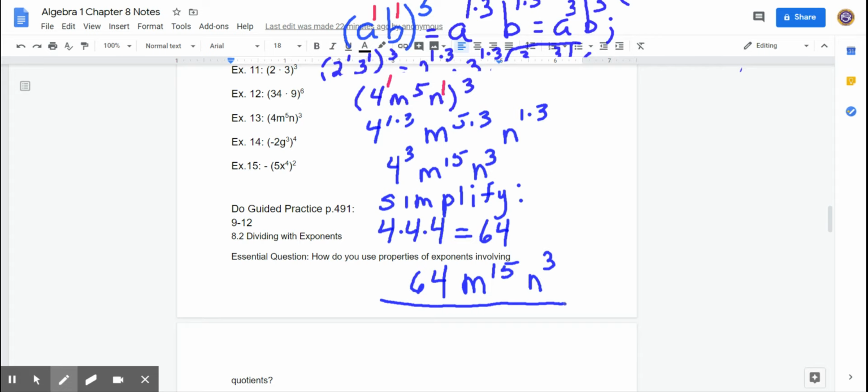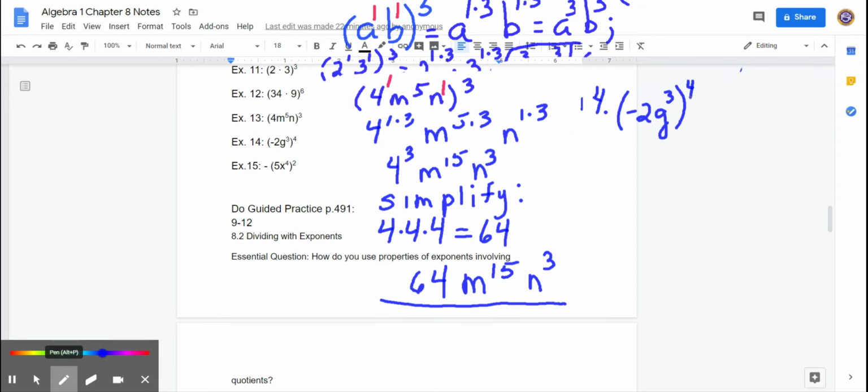Okay. So let's try number 14. We'll put 14 over here. So 14, you have the quantity of negative 2 g cubed to the 4th power. Again, what do we have to remember? We have to remember that this negative 2 has a 1.